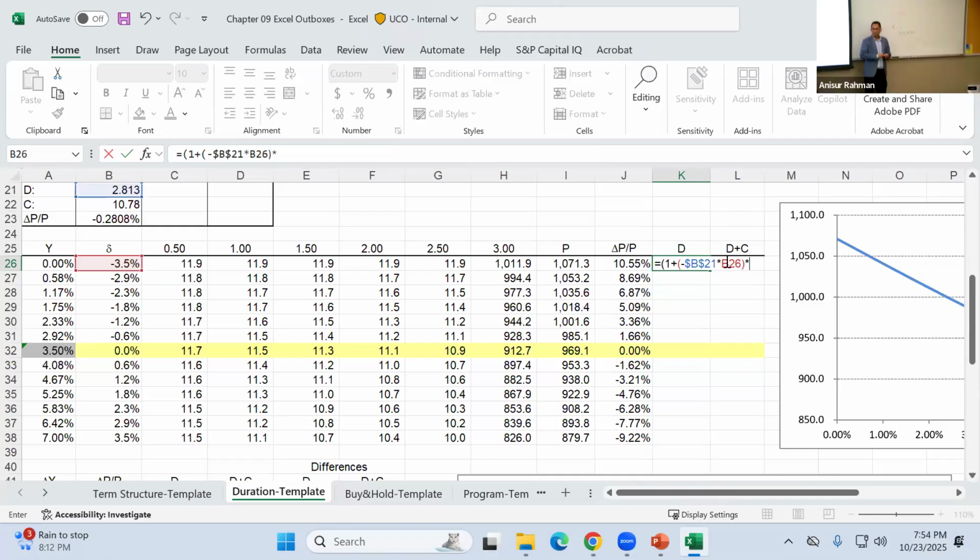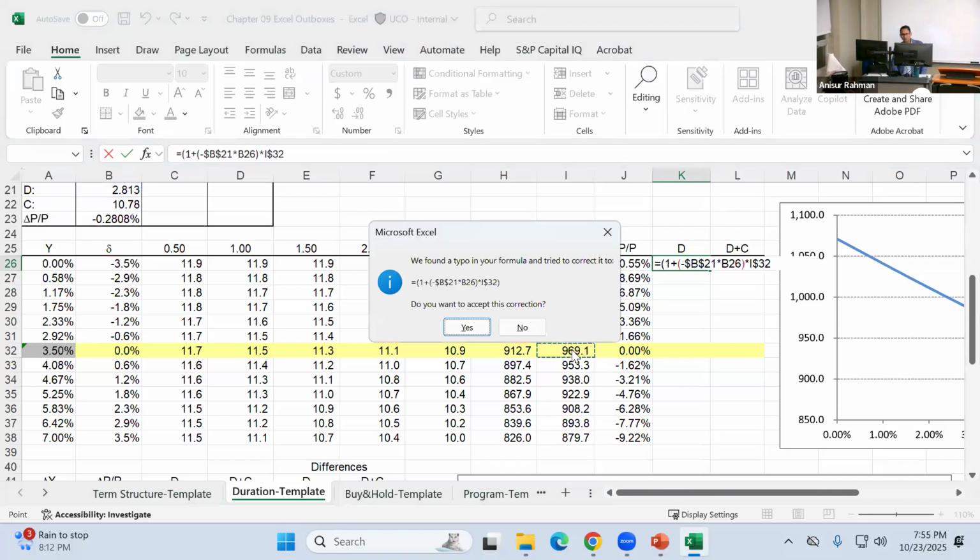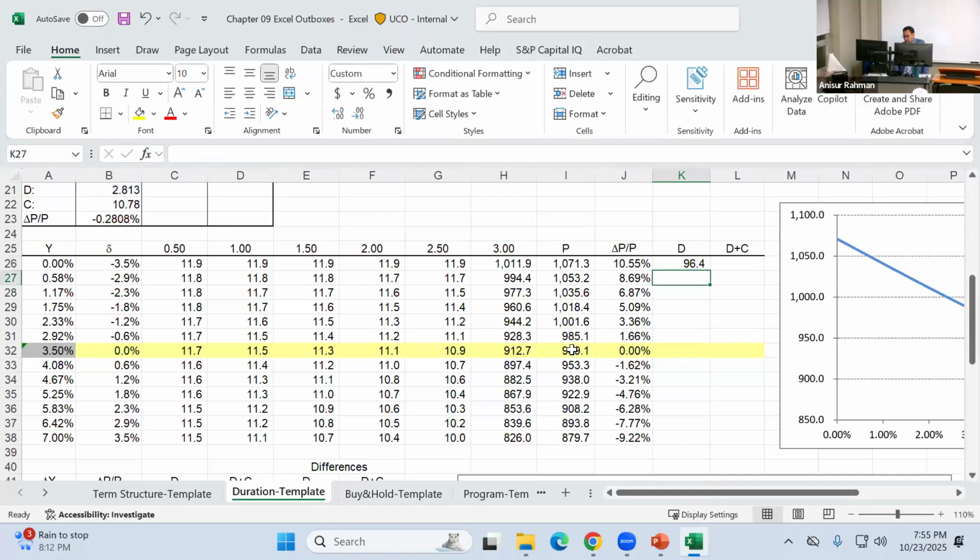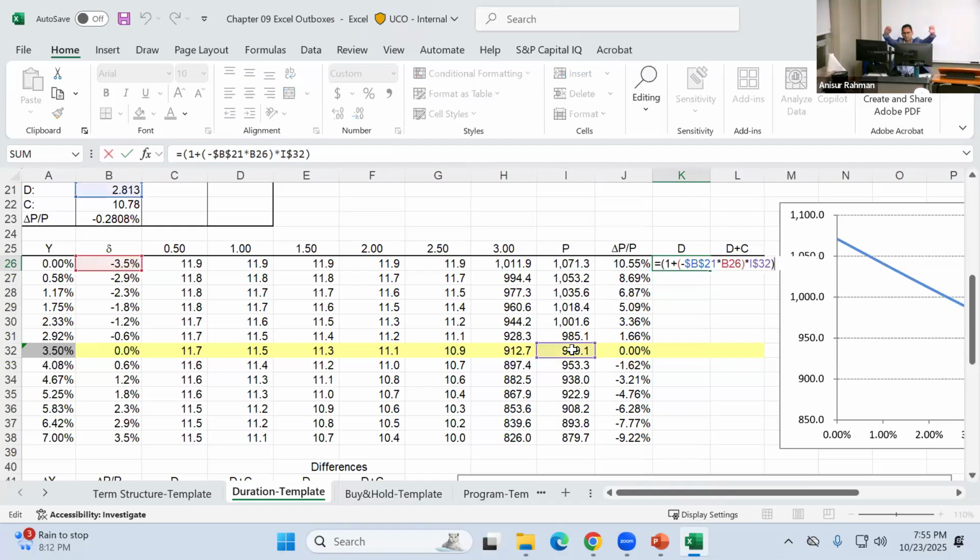So that is what we are going to do, multiply by the old price. What is our old price? This one. And then we are going to lock the row, yes. Actually, I need a parenthesis here, not at the end.